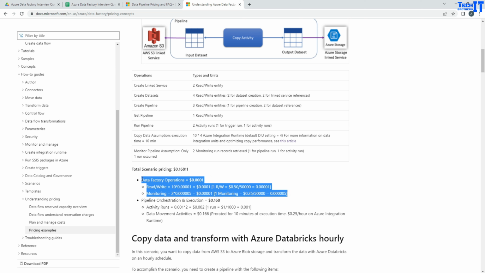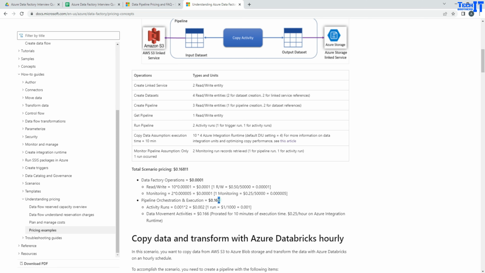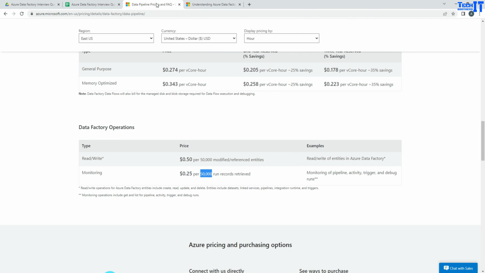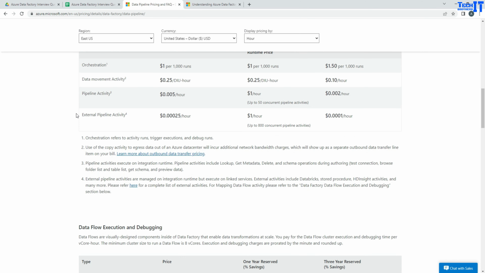Now with the pipeline orchestration and execution, that's where the actual amount comes through. So activity runs, if you notice here, there are 2 run pipeline here, and then you are multiplying with the amount. So it's $1 per 1,000. So if you go back here, this is where you are seeing that chart.